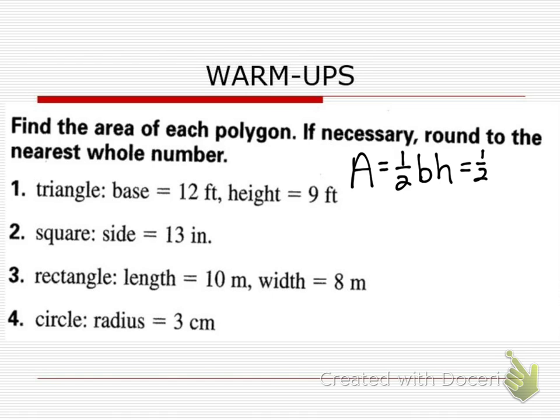So on this first warm-up, they told me that my base, or little b, is 12, and my height is 9. What's half of 12 times 9? 54. So on number 1, my area is 54. What are my units? Feet squared.